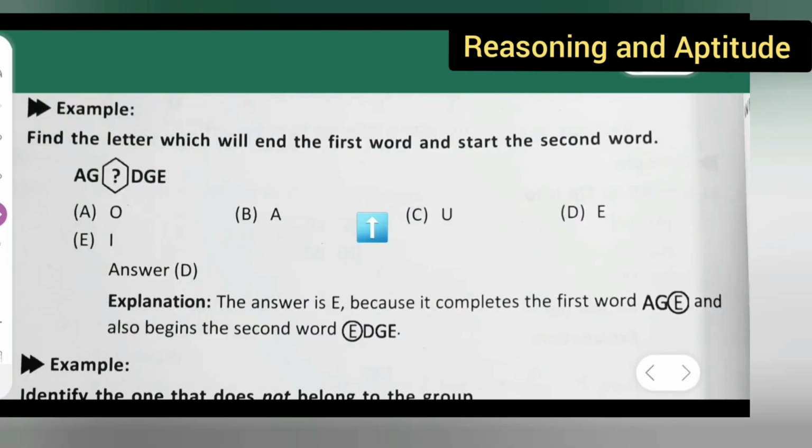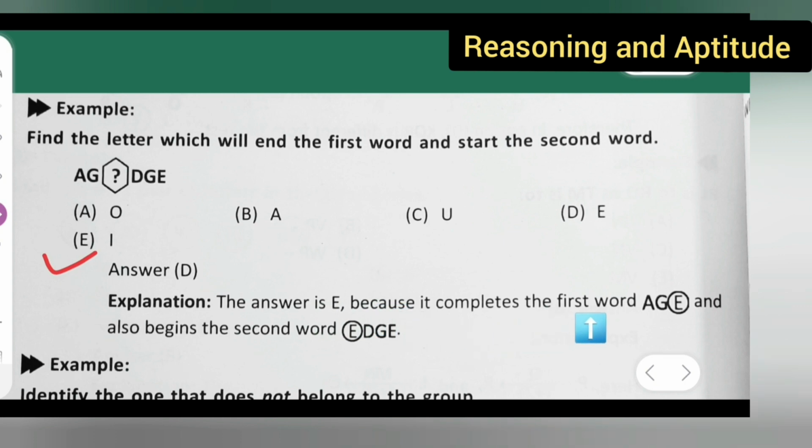Next, let us see. Next example is what? Find a letter which will end the first word and start the second word. The answer is E. Why the answer is E?